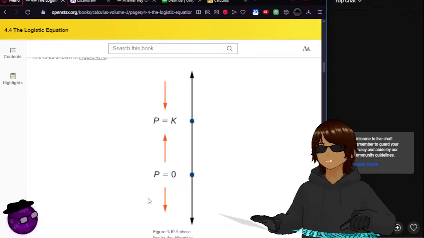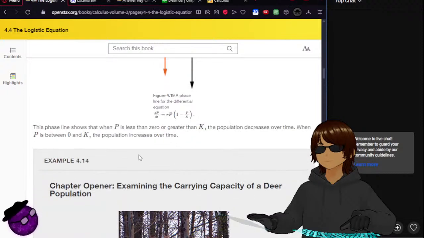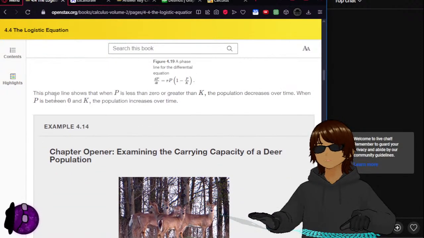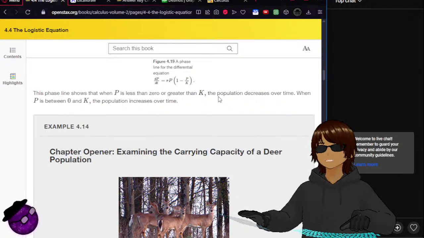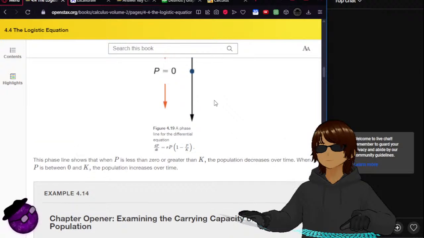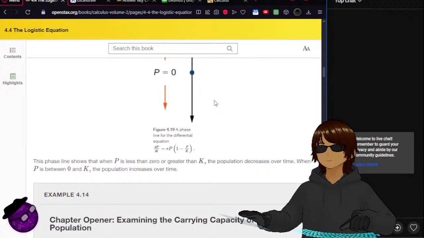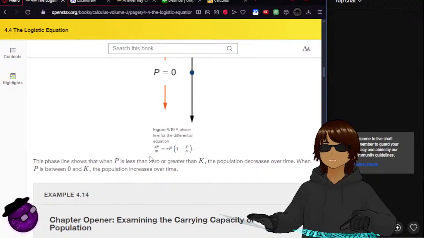We don't really care about the negative, right? I mean the ones below 0. This phase line shows that when P is less than 0 or greater than K, the population decreases over time. What do they mean by P less than 0?